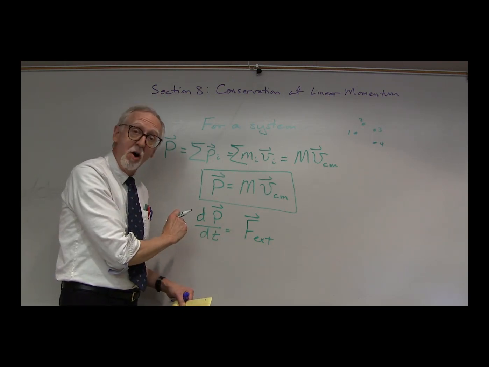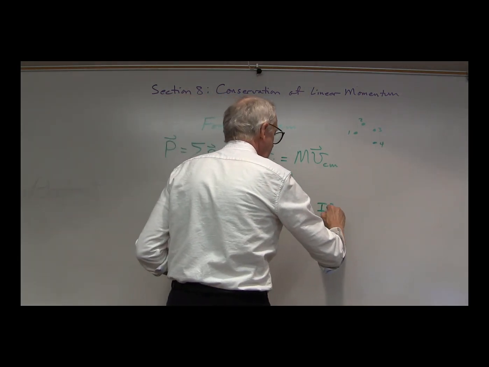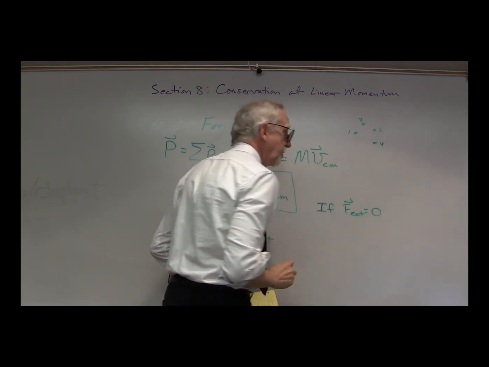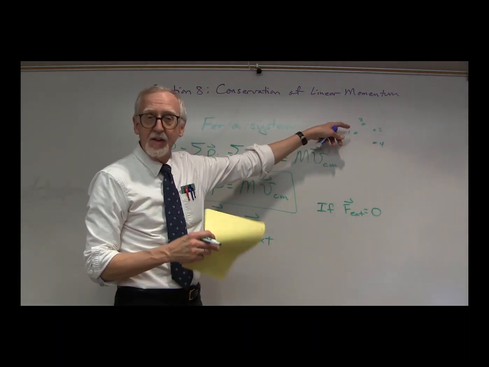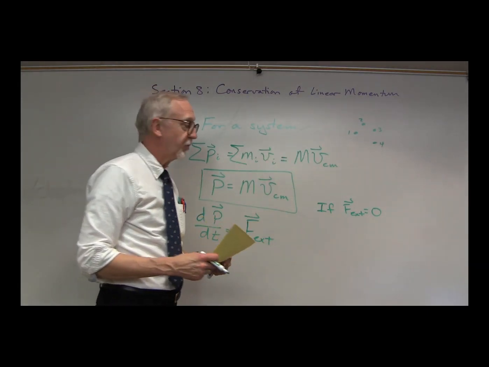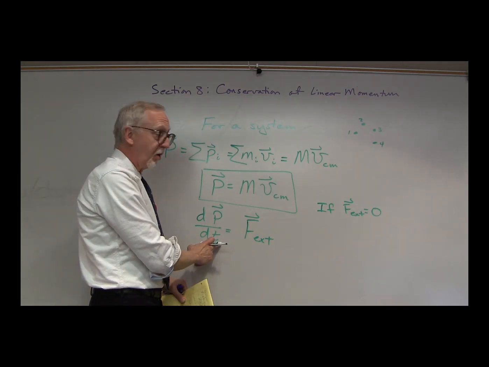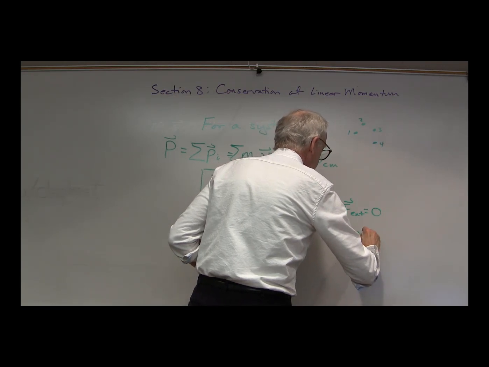If there are no external forces, what is this telling us? If F external equals 0. So if there are no external forces, there could be as many internal forces as we want, but if there are no external forces, then dp/dt is 0, which means P is constant.